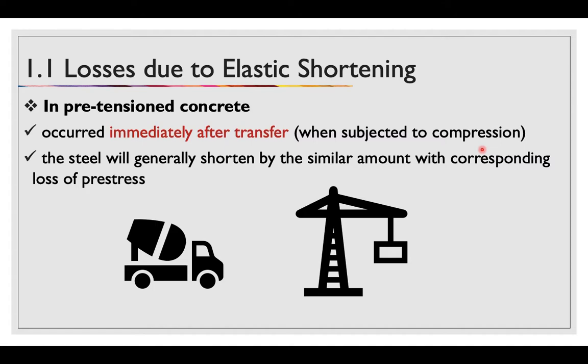With the pre-tension method, once the concrete has hardened, the tendons will be cut. That is when the prestress forces are transferred to the element. So the steel will generally shorten by a similar amount to the corresponding loss of prestress. This is for pre-tension concrete.